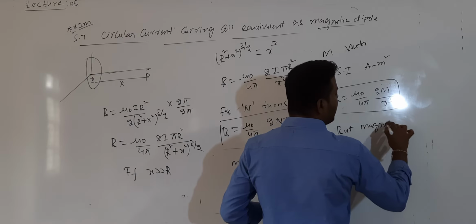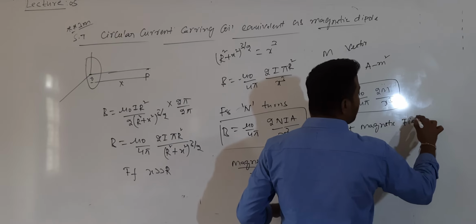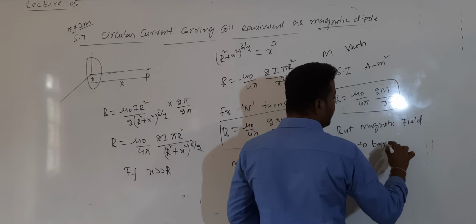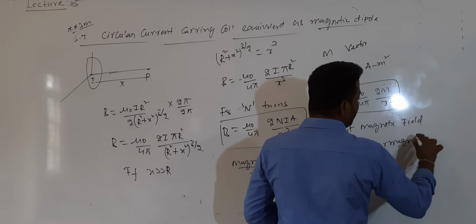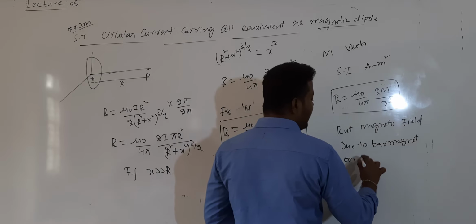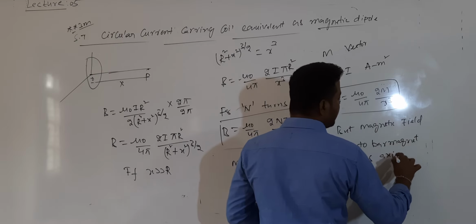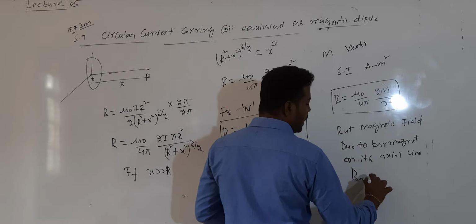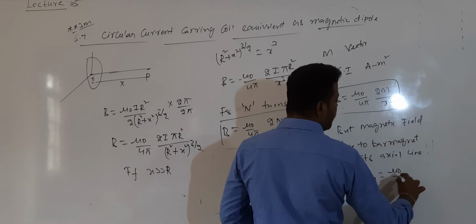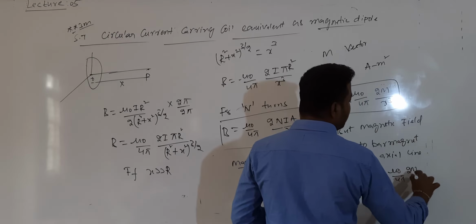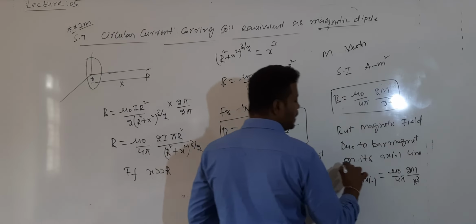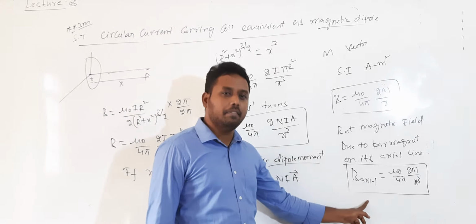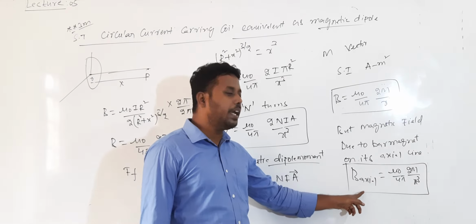So the magnetic field due to a bar magnet on its axial line is given by B axial is equal to mu naught by 4 pi into 2 into capital M divided by x. See this, that is the expression for magnetic field due to a bar magnet.